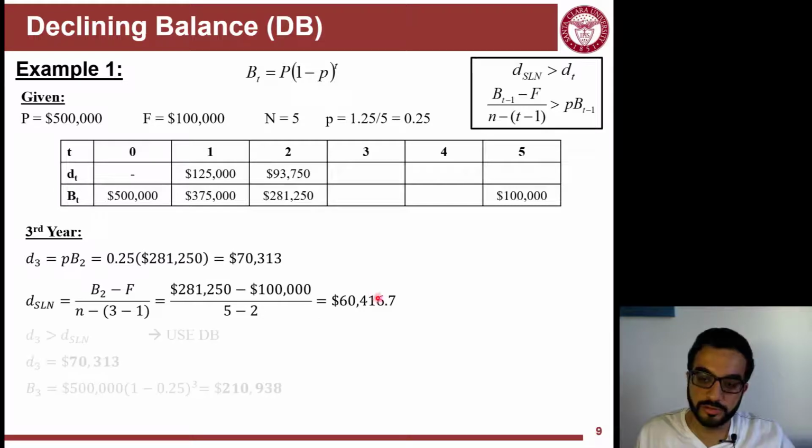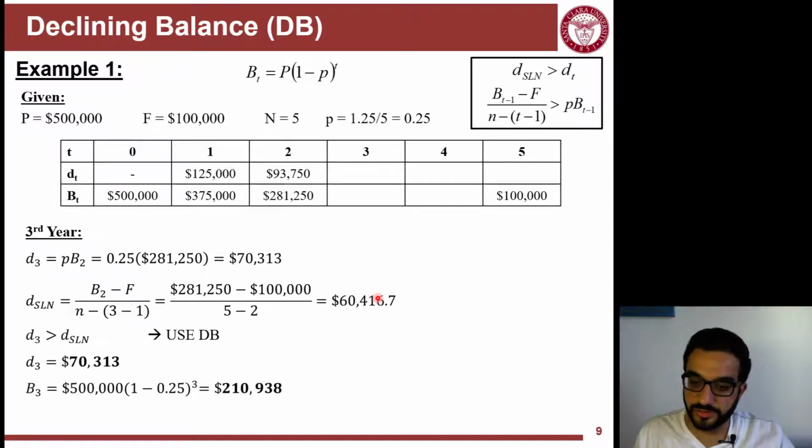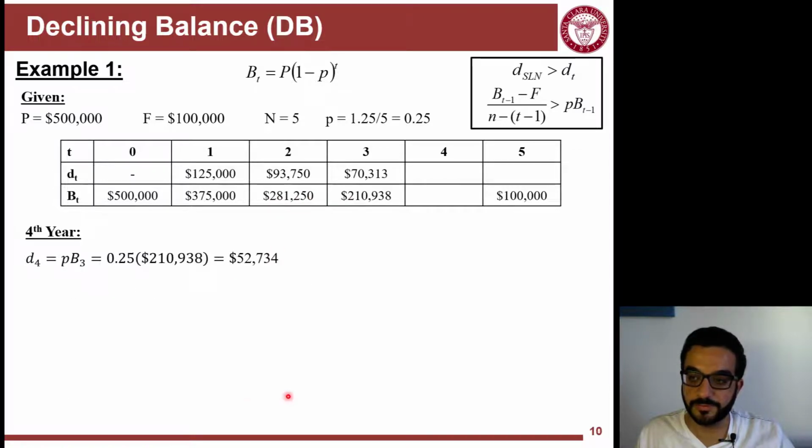So still declining balance is more aggressive here. So D3 will be equal to D3 declining balance, and B3 will equal, apply this formula, or you can say it's 281,250 minus 70, and that will give you this value here.